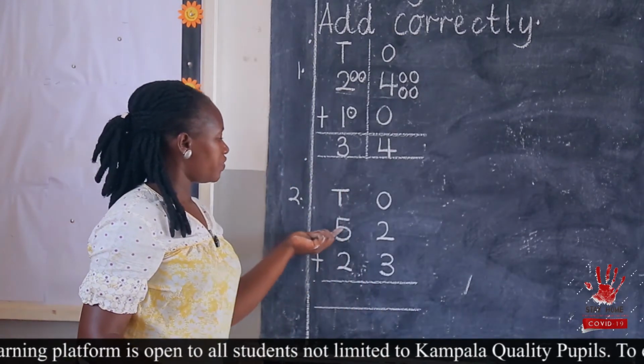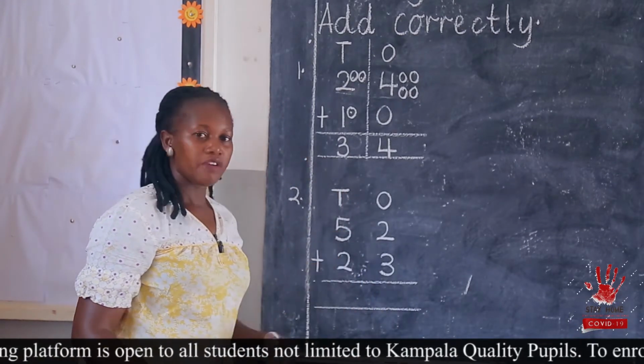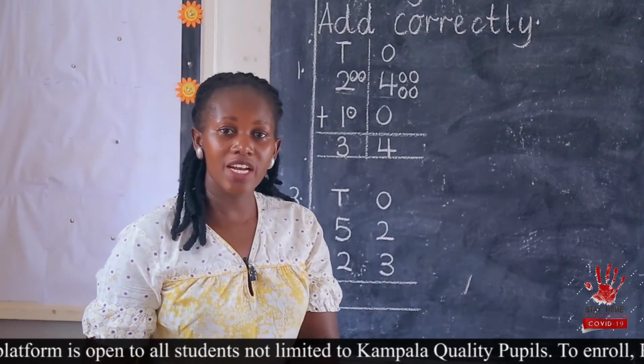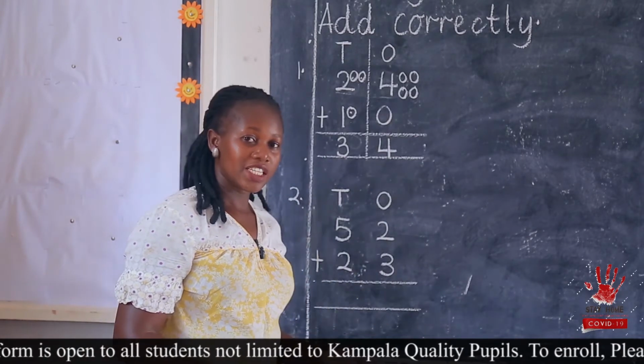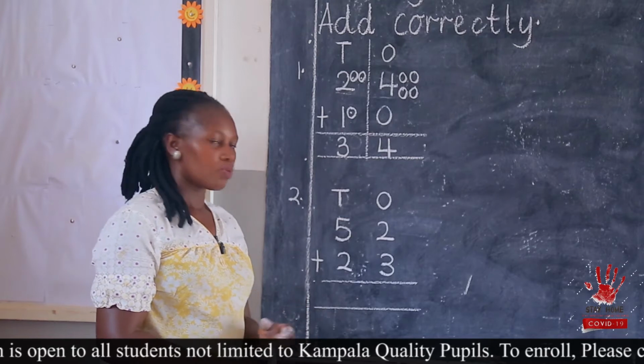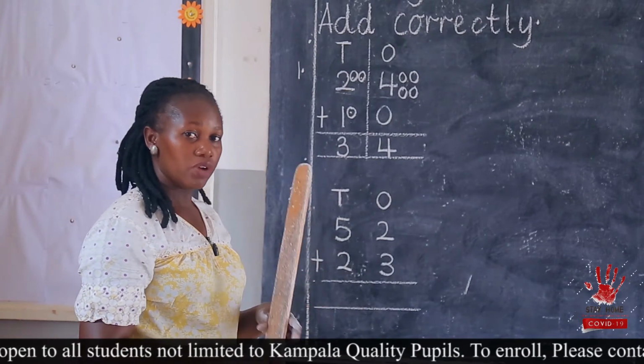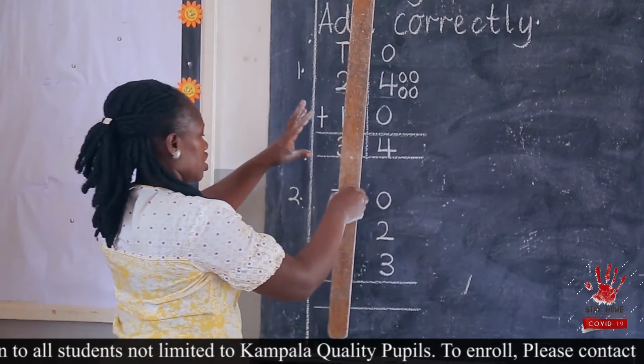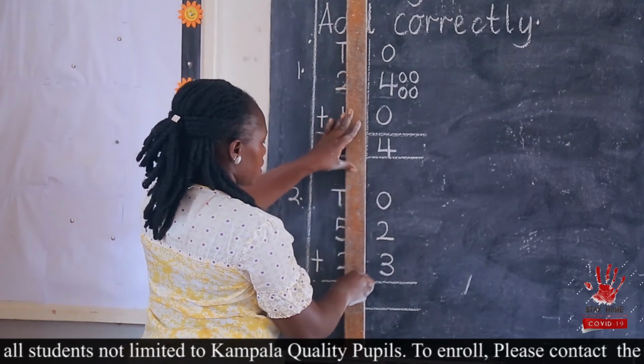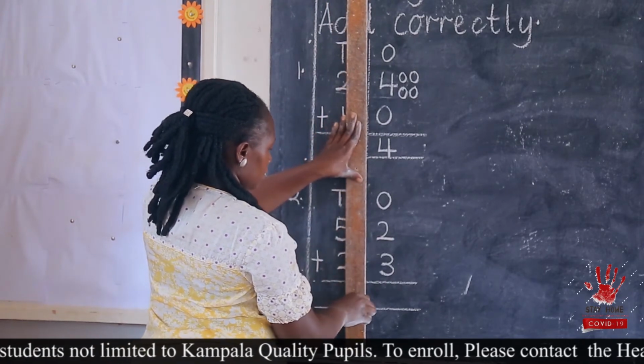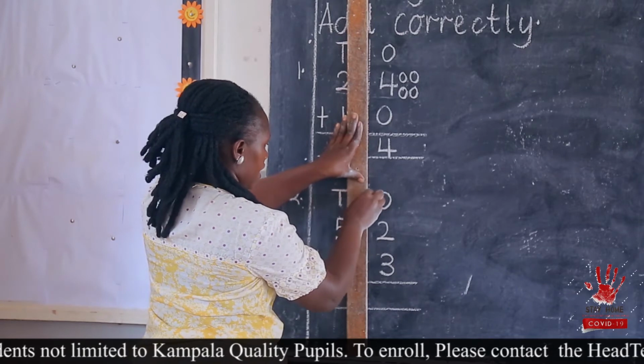Going to add 52 plus 23. Have you now identified numbers which are in ones and those ones which are in tens? Yes. So what I do, I get my ruler. You also have a ruler there. Put it between the two and separate the tens from the ones. Like this.